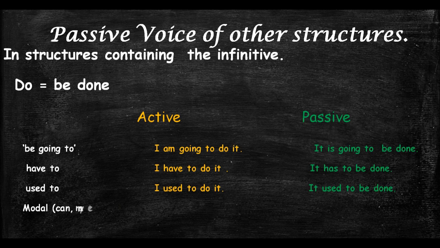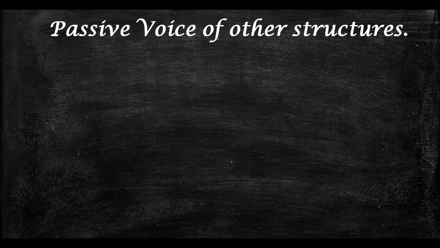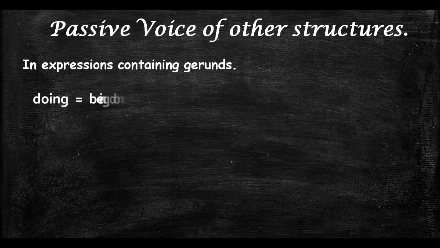So if you have modal verbs like can or may or any other modal verb, your active sentence like I can do it will become it can be done. Now, in the expressions containing gerunds, doing will become being done. Let's take a couple of examples here also.